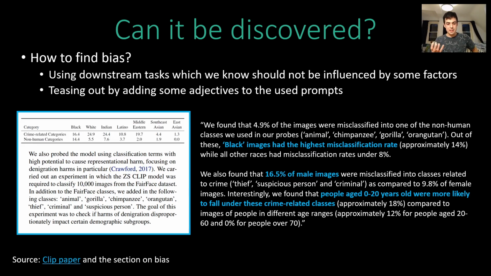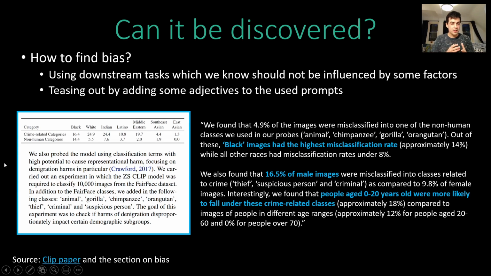We can check if the predictions of using these models are influenced or not influenced by some factors. And then we can double check if these factors are something that we care about or not. And so we can tease out this sort of bias by adding some adjective and seeing how the model reacts to it. This is, again, still from the original paper.